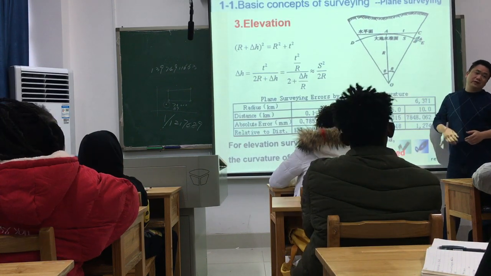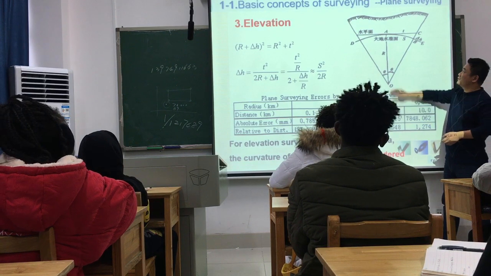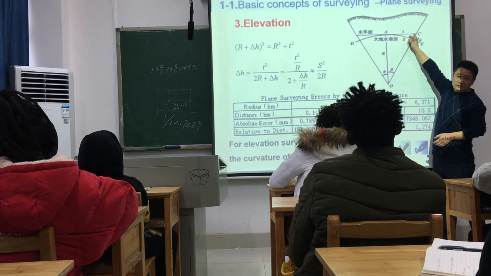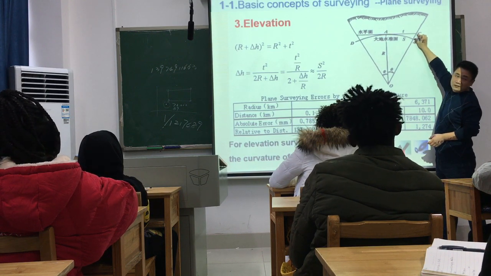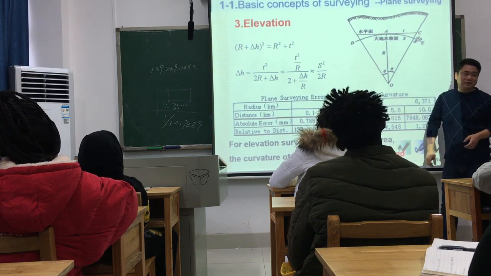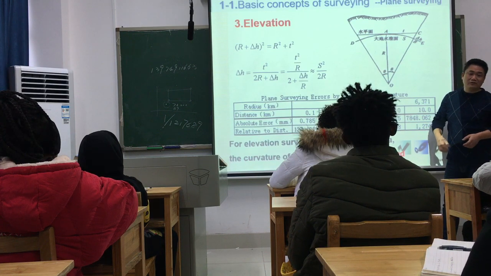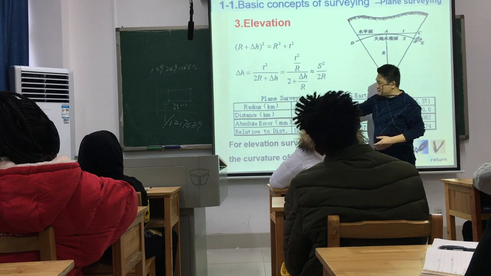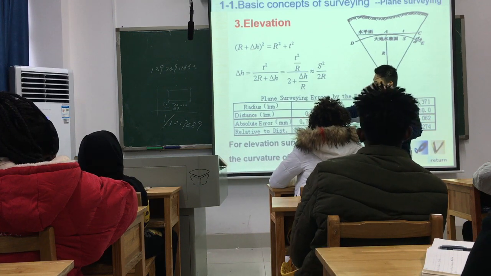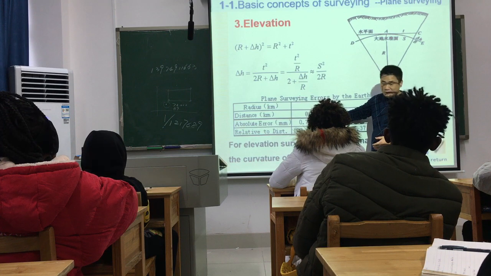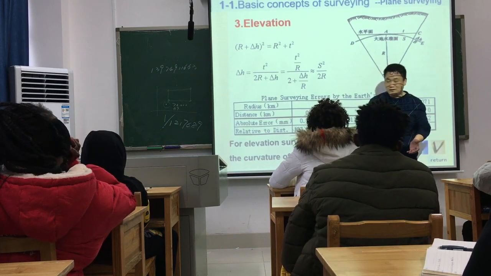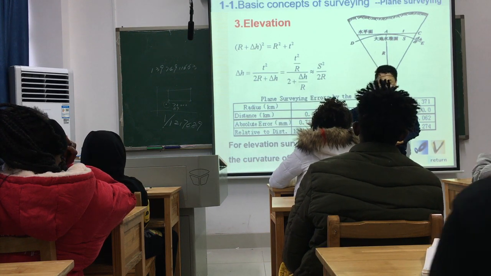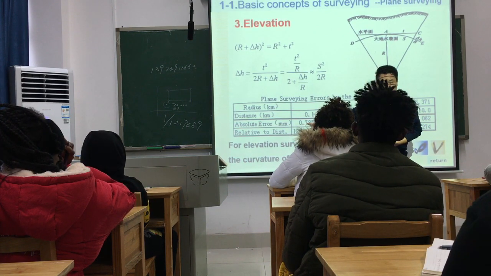But if we think of the Earth's surface as a plane surface, we would get the elevation difference from A to C. So this is obvious: the error is very big. Even for a distance of just 0.1, that means 100 meters, the error would be 0.7 millimeter in the elevation result.